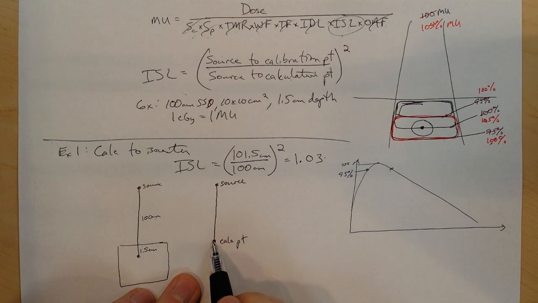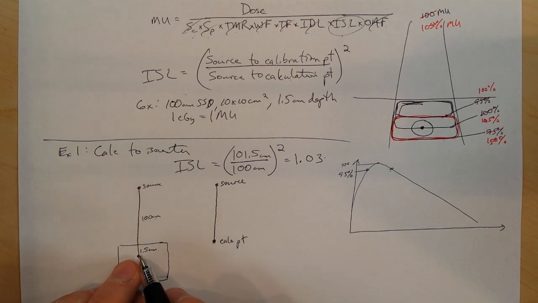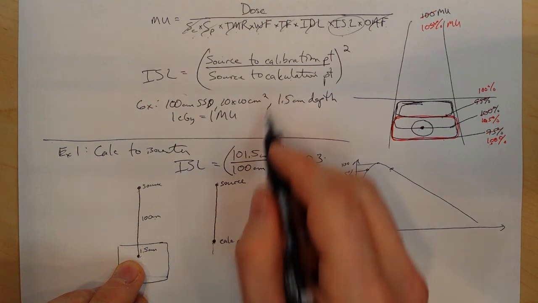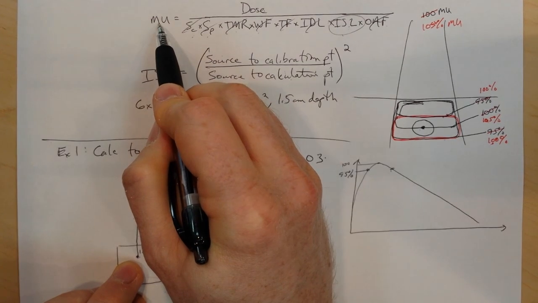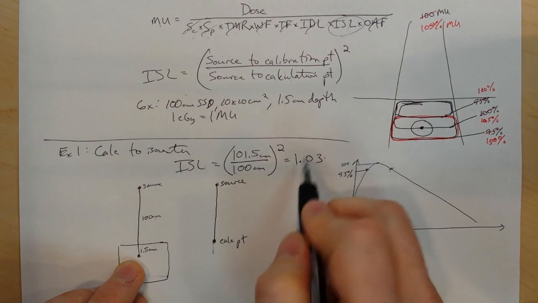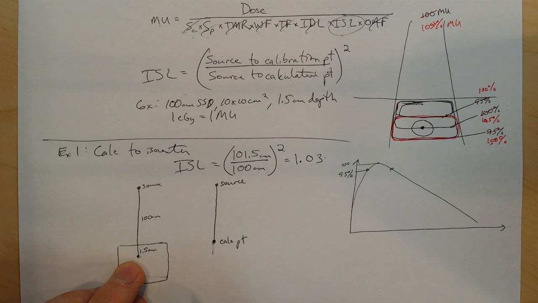In my treatment geometry, I'm closer to the source by 1.5 centimeters than where 1 centigray equals 1 monitor unit. Remember from the inverse square law lectures and examples that I've now moved 1.5 centimeters closer to the source. That's why we need to correct for it. So I get hotter, the radiation gets more intense the closer to the source I move. Therefore, we need to decrease the monitor units necessary to deliver the dose to that point by 3%, 1.03.